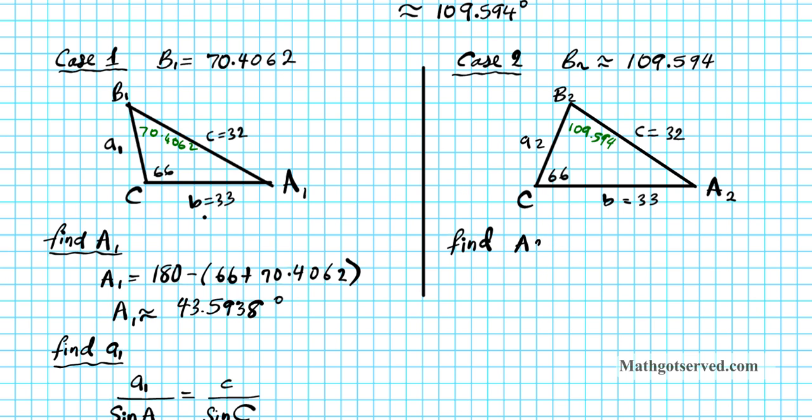A2. So we're going to use the triangle angle sum theorem. A2 is an approximation, because you add these two and subtract from 180. So 180 minus the sum of these two angles, 109.594 plus 66. Let's plug that into our calculator to find the value of the measure of A2.